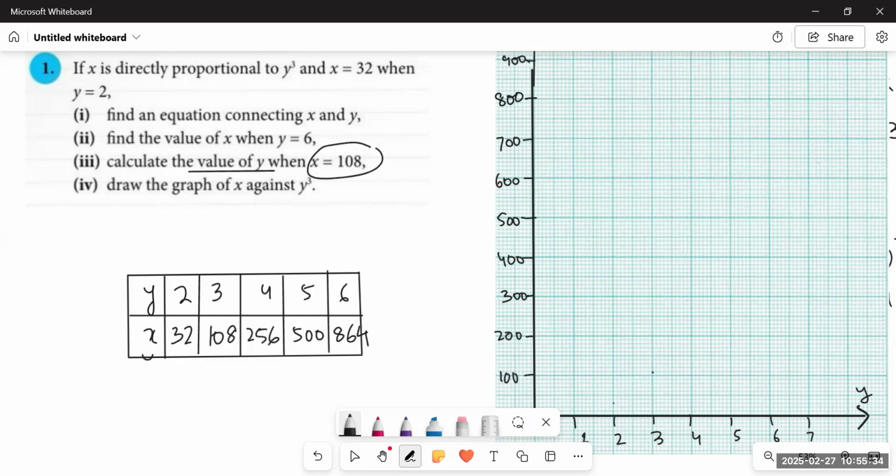So between 200 and 250, right in the middle, it would be around here, 256. And then comes 500.